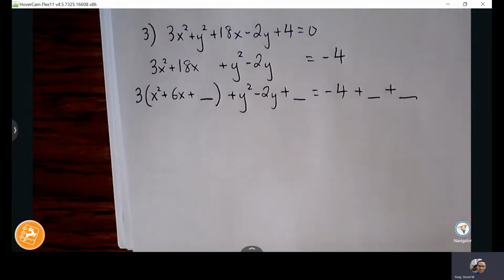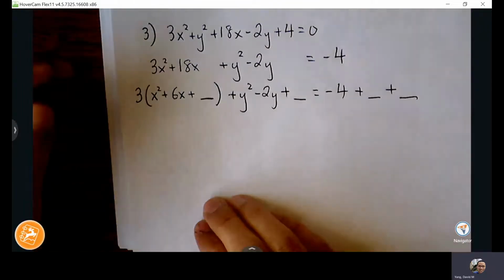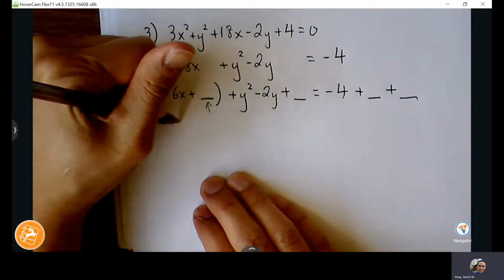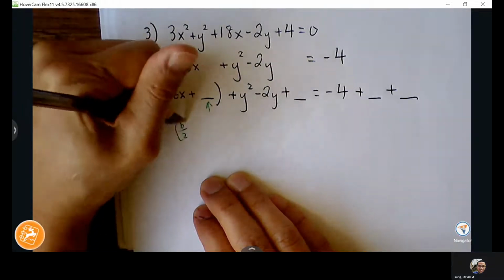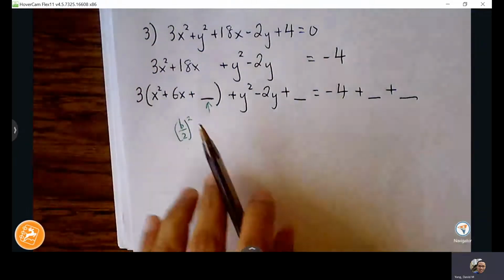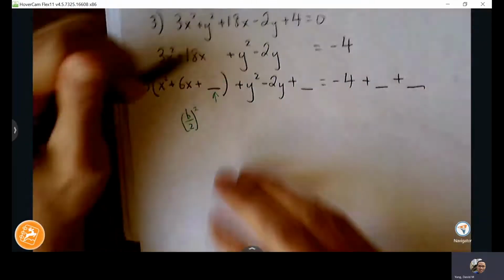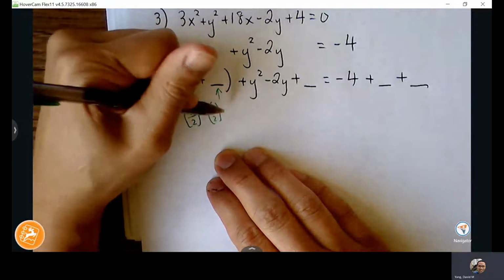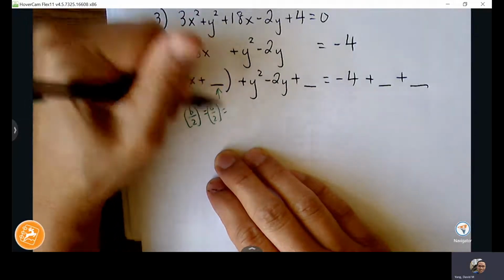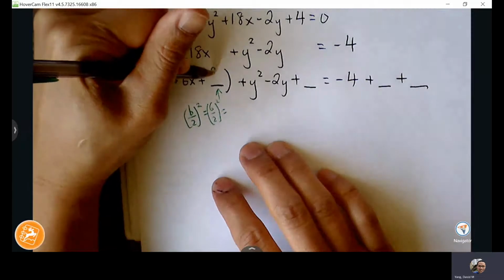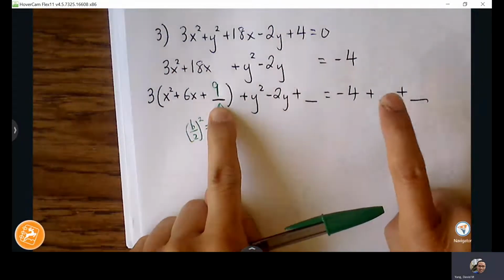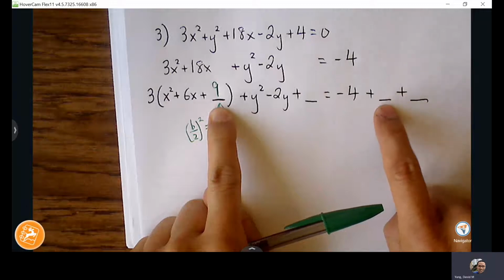Now, complete the square. Initially, it's going to feel the same. What goes into the space is b over 2 squared. Okay, what's the b value for the x? 6. Okay, so 6 over 2 is 3. 3 squared is 9. Okay, now here's the thing. You put a 9 here, but it's actually not going to be a 9 right here.